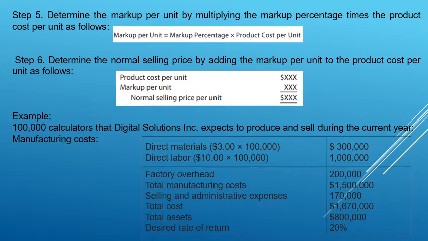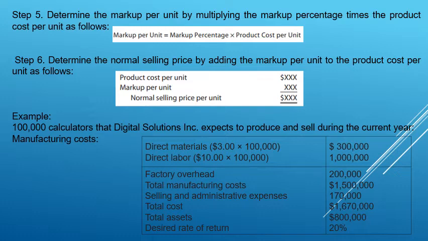So we have here an example below under Digital Solutions Incorporated. So for 100,000 calculators, they're expecting to produce and sell during this year. So we have here the data.